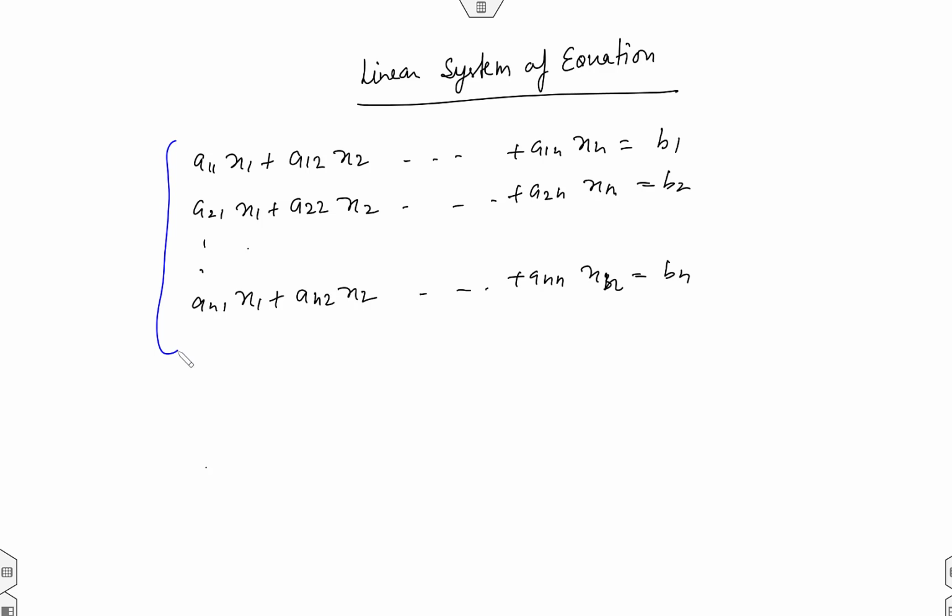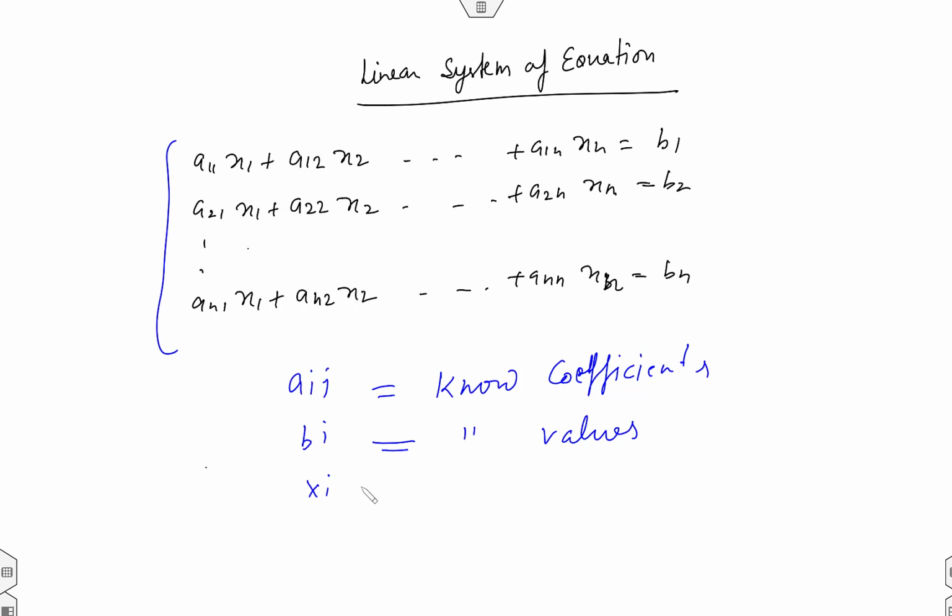Those are all linear equations where aij are the known coefficients, bi are the known values, and xi, i equal to 1 to n, are the unknowns to be determined.